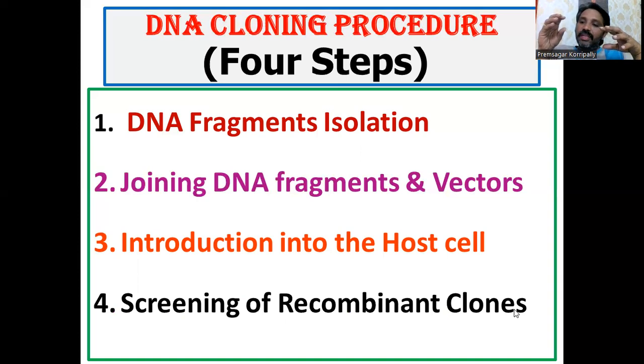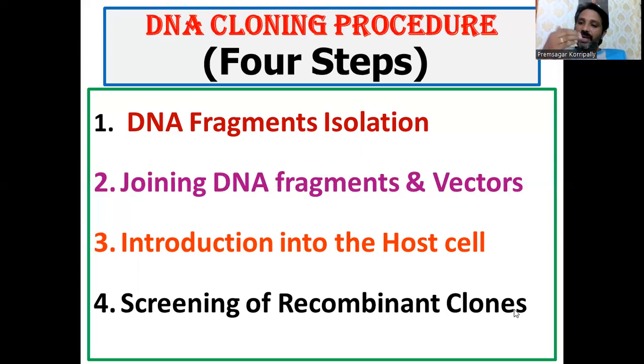That genetic selection marker may be an antibiotic selection marker or auxotrophic marker, which gives a specific trait to the host cell. Based on the trait given by the vector to the host, you will screen. First, you select the transformants, followed by the recombinant clones. So the fourth step is screening of recombinant clones.